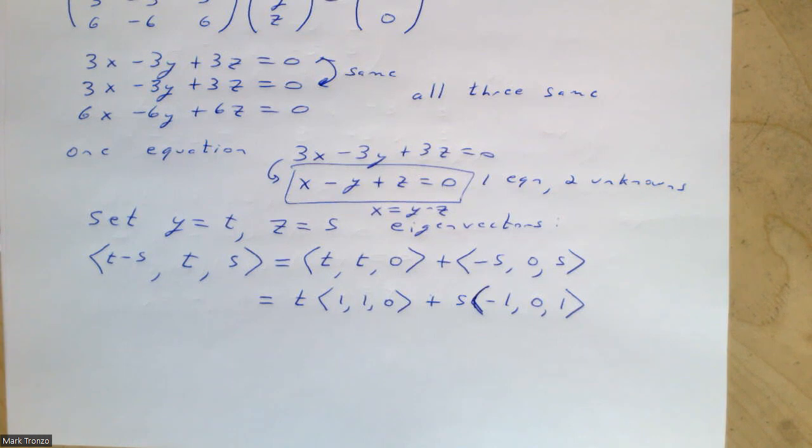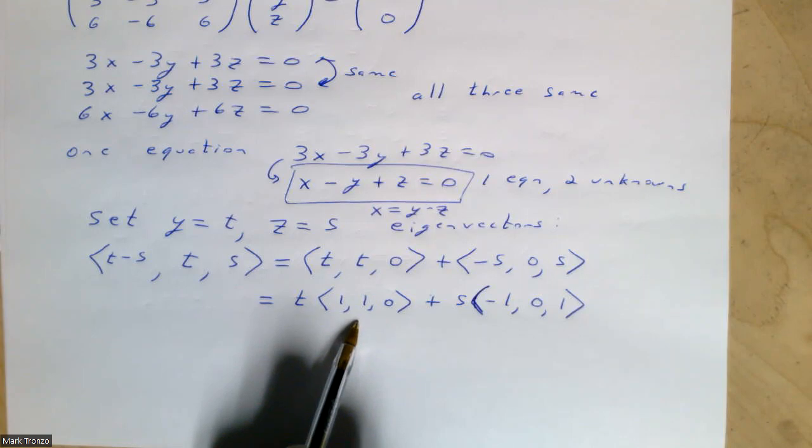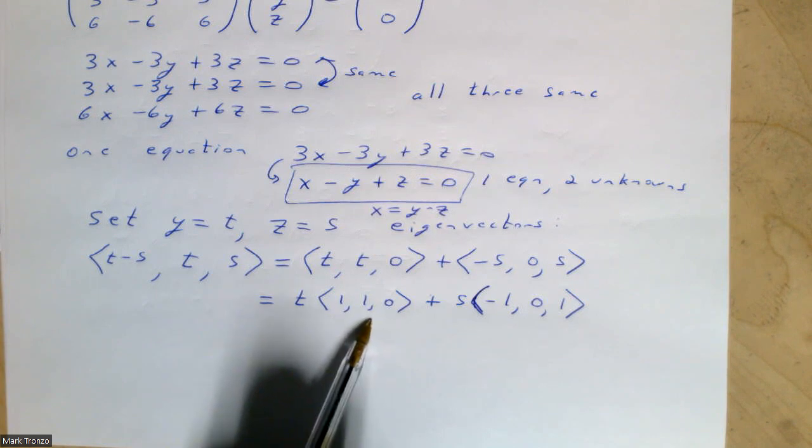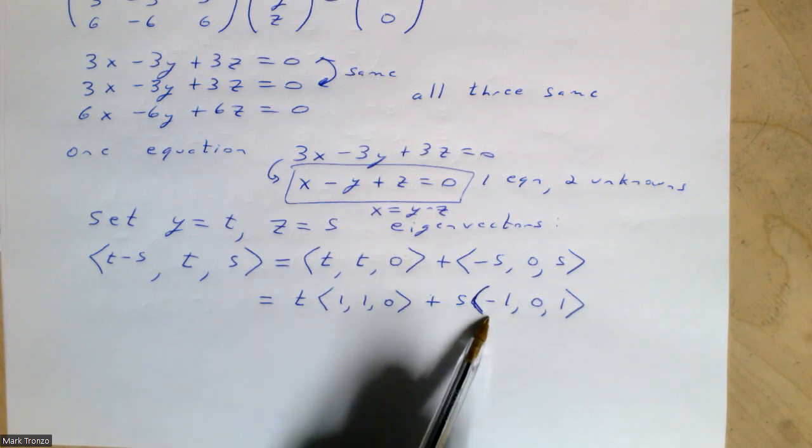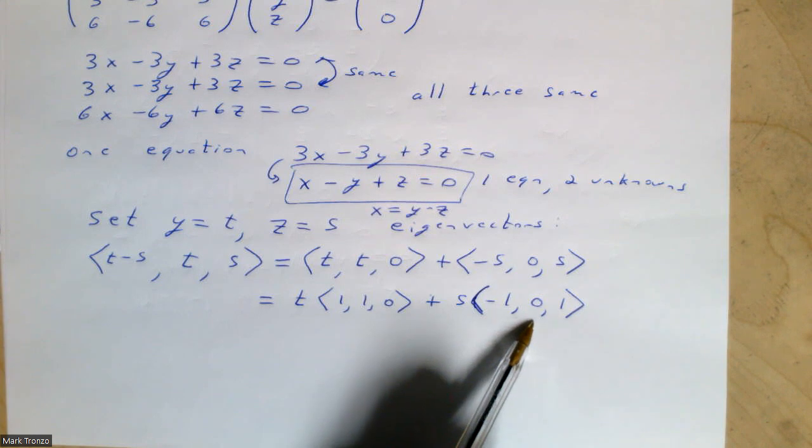So now once again, you can see we have these scalar multiples. So any scalar multiple of this is an eigenvector, and any scalar multiple of this is an eigenvector.